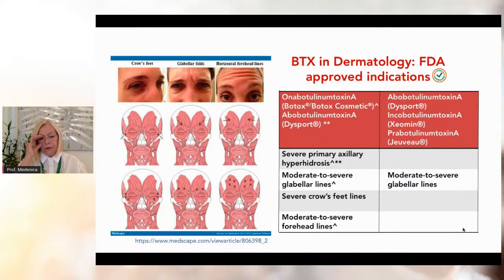Just as a reminder, the FDA initially approved botulinum toxin A in 2002 for the temporary improvement of moderate to severe glabellar lines. Also, it was approved later for severe crow's feet lines, and finally for its third indication, temporary improvement of moderate to severe forehead lines.